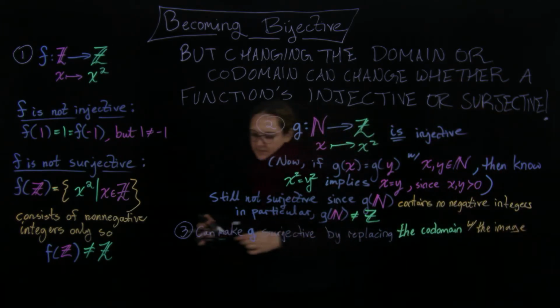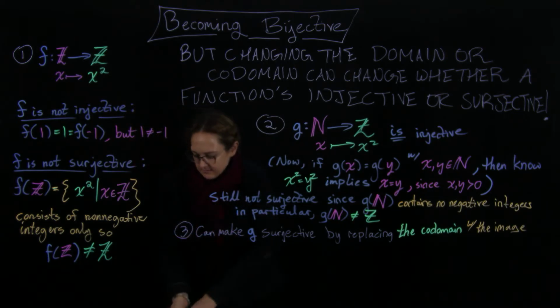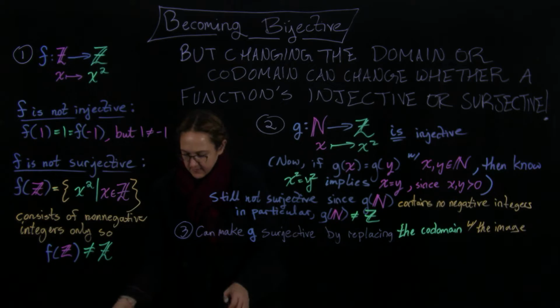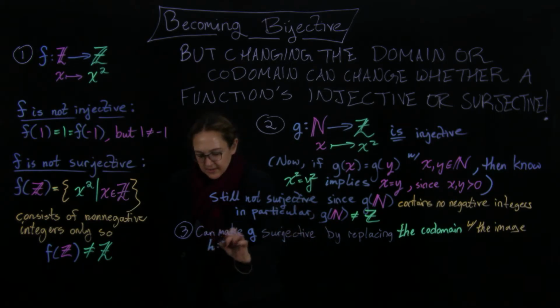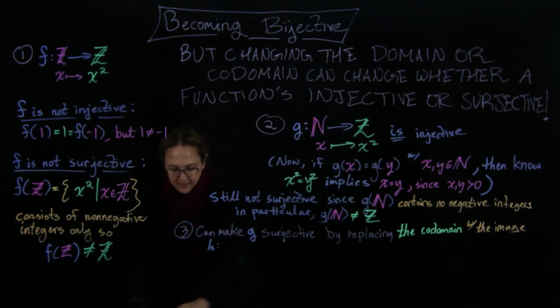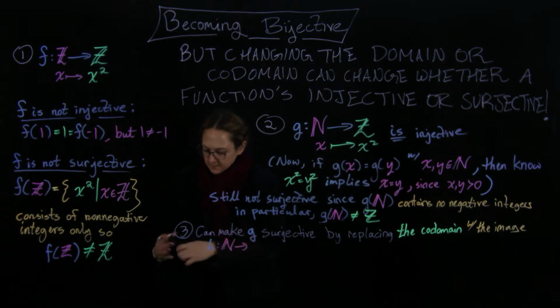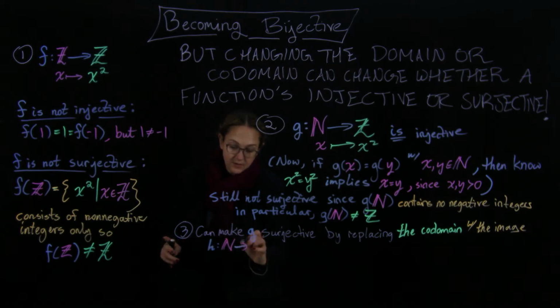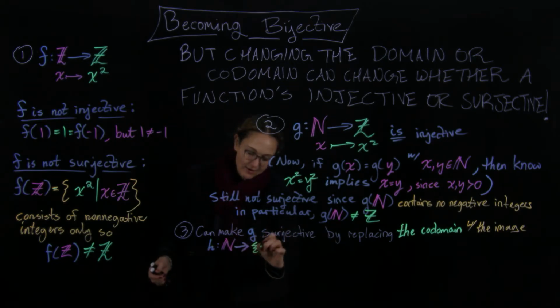So for example, now we could have our function h going from the natural numbers to, it feels like cheating, but it totally works, the image: the set of all x squared.